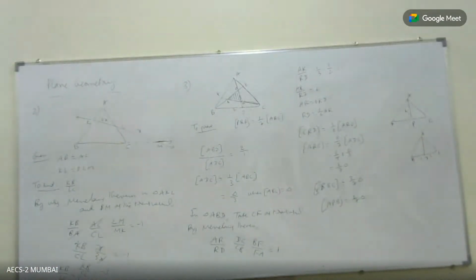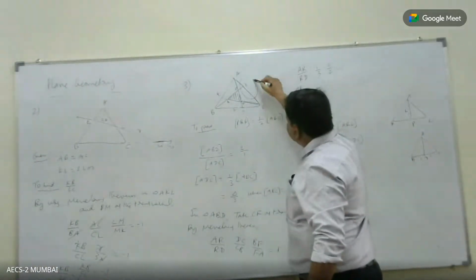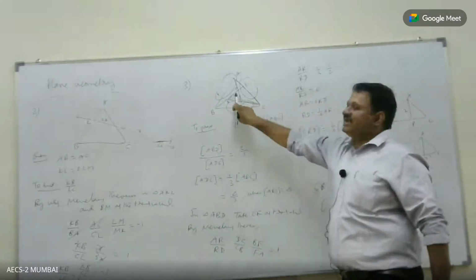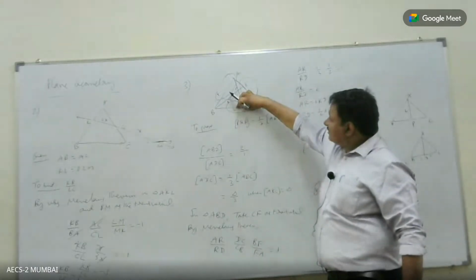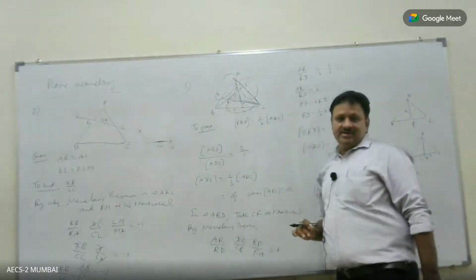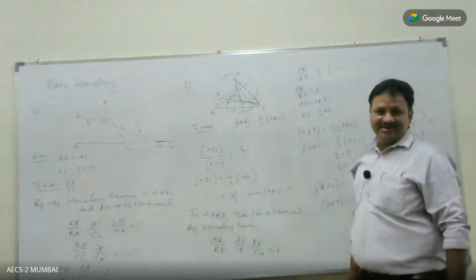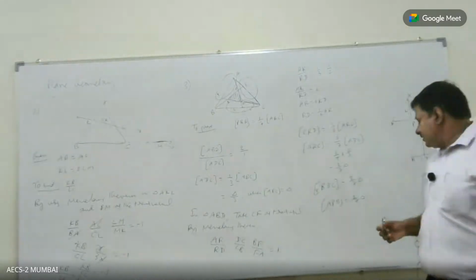black. This area, this area, this area, those three triangles I am talking about, each is 2 by 7 of total. Now I know this, how to get this middle one? From the total area, subtract all the three.